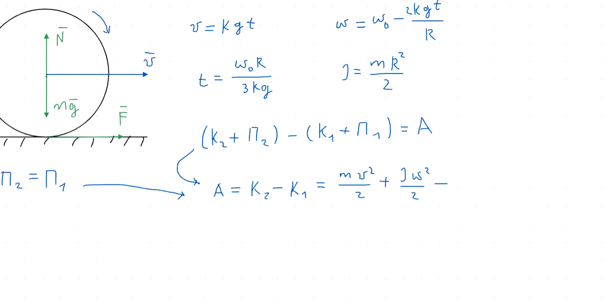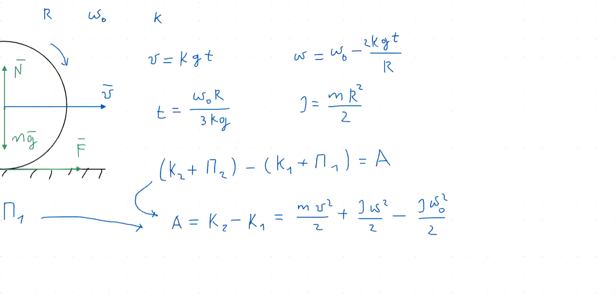We don't have velocity v at the initial moment. So we have I omega 0 squared divided by 2. Okay, so the first thing we need to do is to find v and omega.